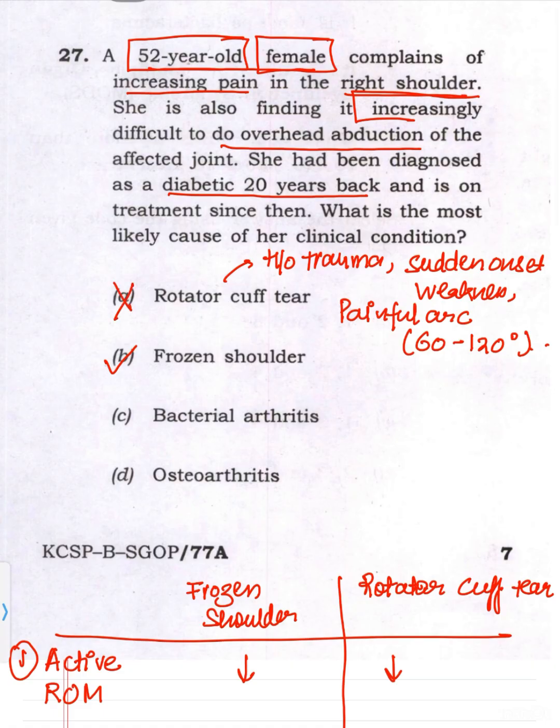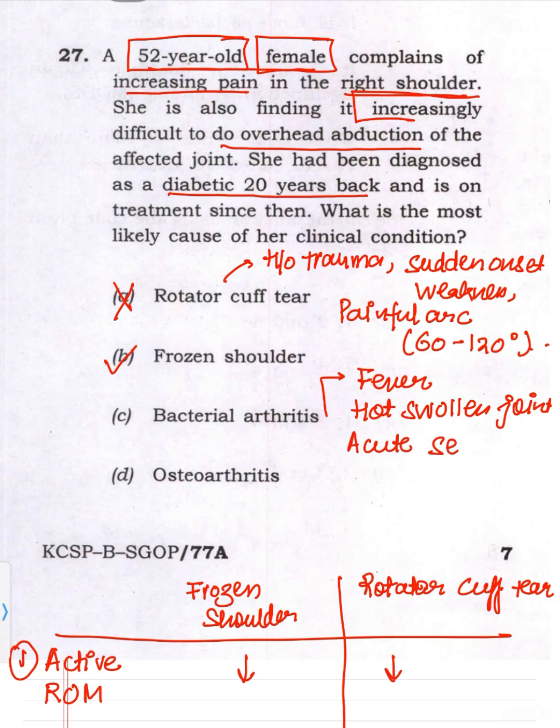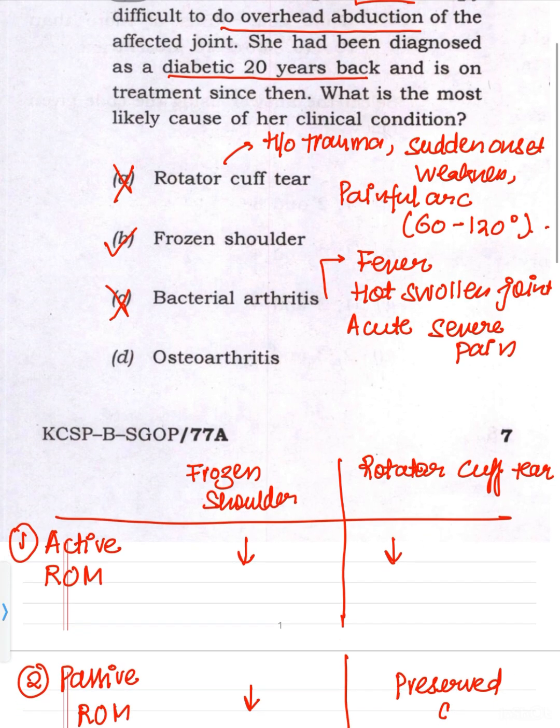Now coming to the third option, the bacterial arthritis. If it would have been the option, there would have been history of fever, hot swollen joint, and not the chronic progressive picture, rather acute severe pain. So bacterial arthritis is wrong. Then coming to last option, osteoarthritis.